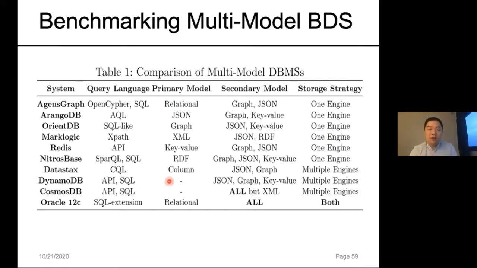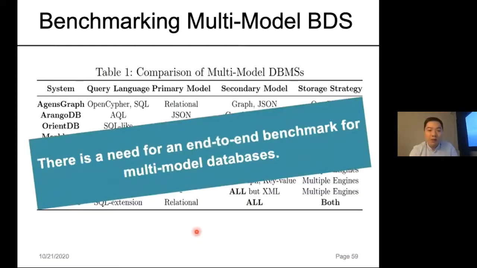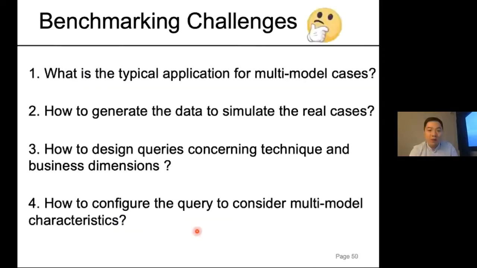Numerous multimodal databases have been developed to facilitate multimodal data management, but they differ fundamentally in data storage, query language, and query processing. So obviously there's a need for an end-to-end benchmark for multimodal databases. However, there are several challenges for benchmarking multimodal databases. First of all, what is a typical application for multimodal cases?